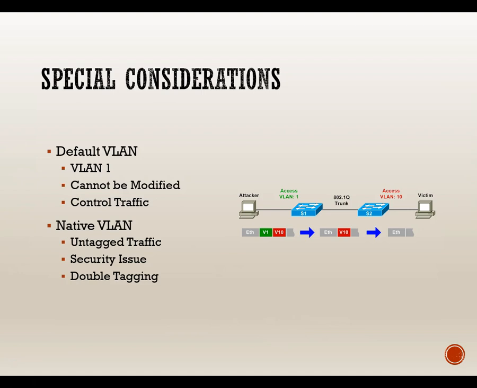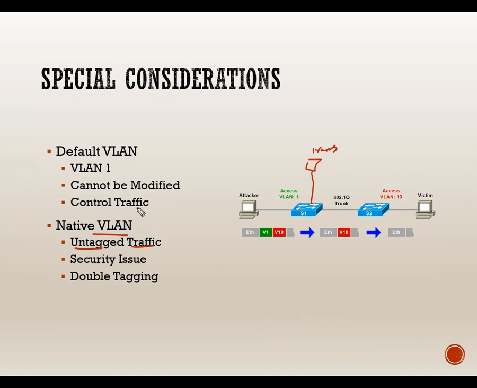We also have this other term called the native VLAN. Untagged traffic. What if we had a hub? Okay, hopefully we're not going to have a hub, but if we have a hub in here, it doesn't have the ability to tag the traffic. So the untagged traffic was put in for legacy equipment.